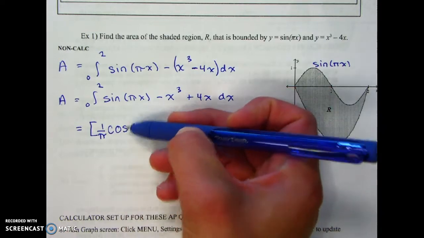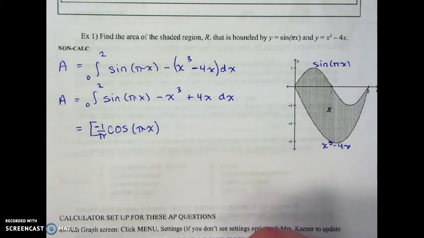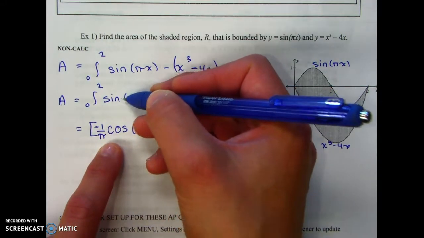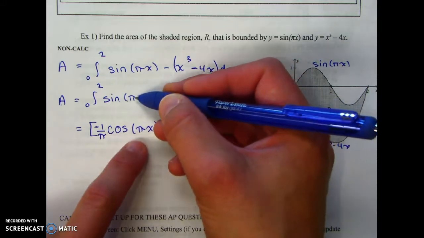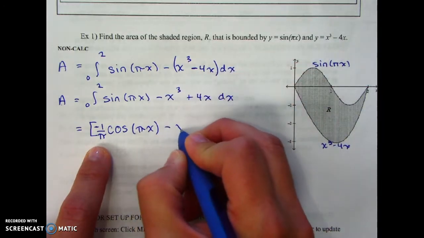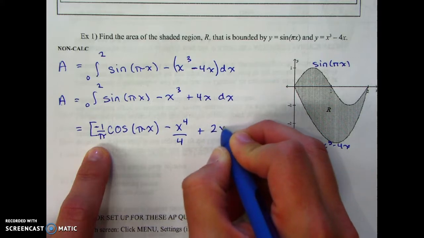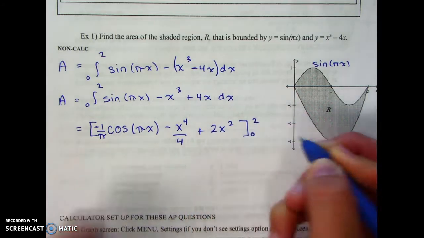The derivative of cosine is negative sine, so we need to add a negative. Just take the derivative back. The derivative of cosine would be negative sine. The inside stays the same, and then you would multiply by 1 over pi. So we have to divide by pi. Do we need a plus c? We don't need a plus c because we're actually plugging in 2 and 0.